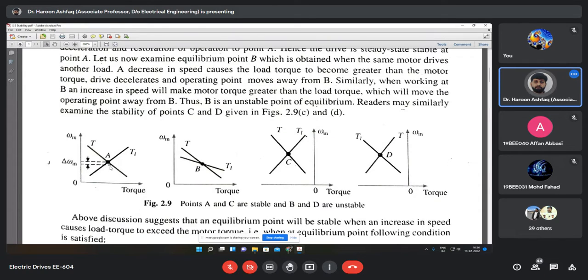The second thing is that you may have an intersection of characteristics, a point at which the load characteristics meet the motor characteristics, and then you will also have to check whether the motor load system will operate on that, and whether it will be stably operating on that or not.